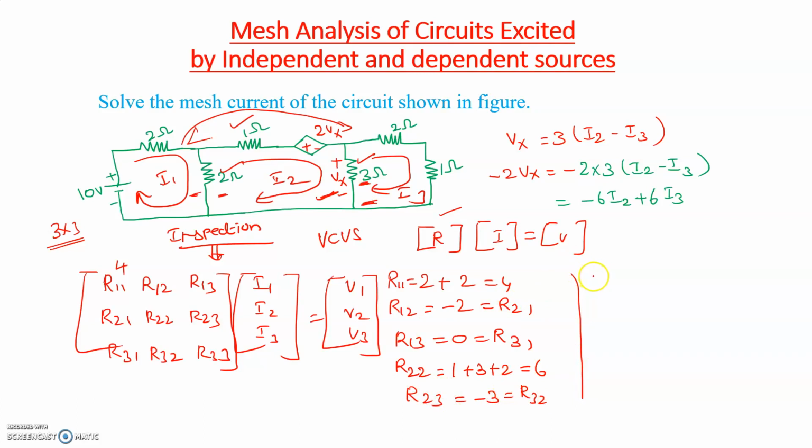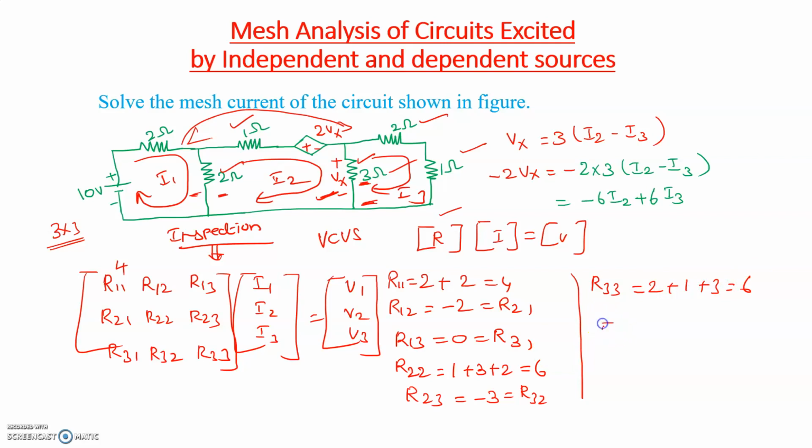And R33 is the sum of the individual resistances in the third loop: 2 ohm, 1 ohm, 3 ohm. So 2 plus 1 plus 3 is equal to 6. Now we have to represent this in matrix form.